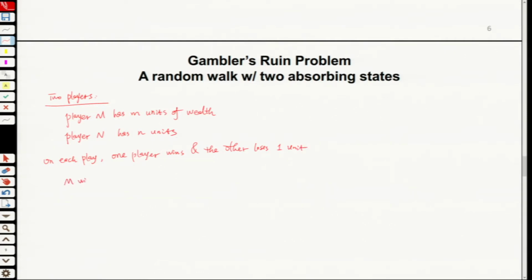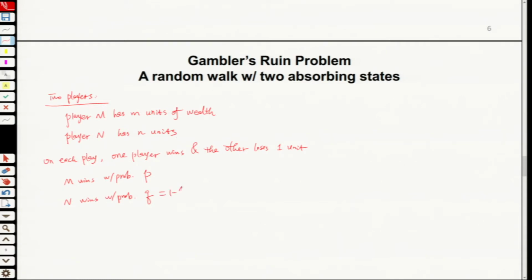So M wins with probability P, and N wins with probability Q. Okay. So if N wins, then M loses. So P plus Q should equal 1, right?